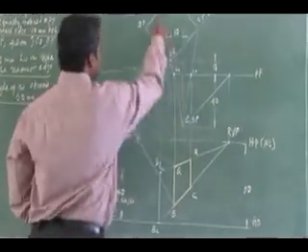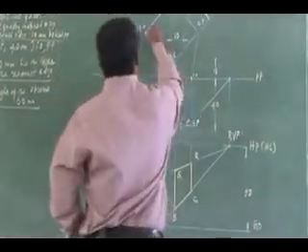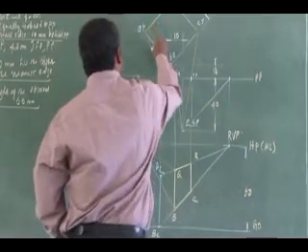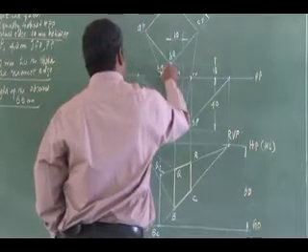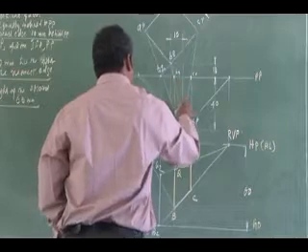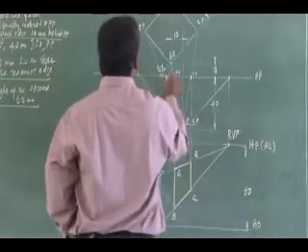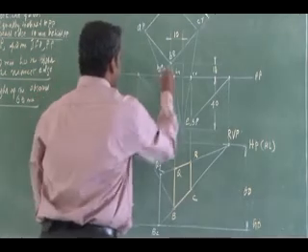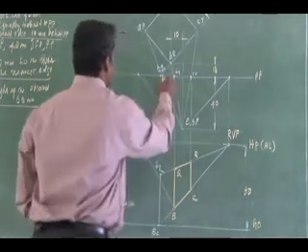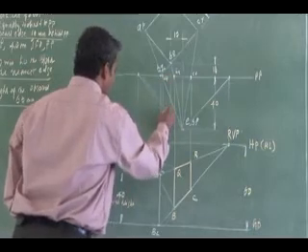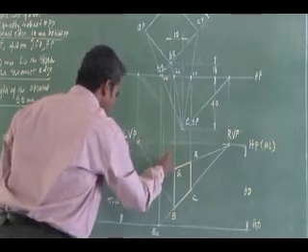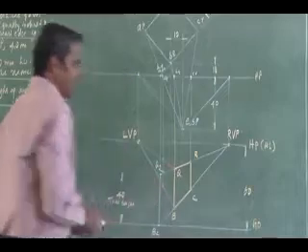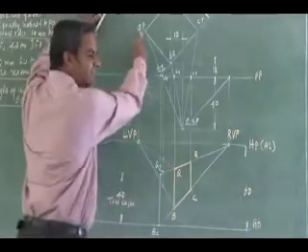So the perspective intercept of AP will be obtained by joining to the station point. So this is going to be my intercept of AP. So by projecting that, I will get the perspective location of edge AP.